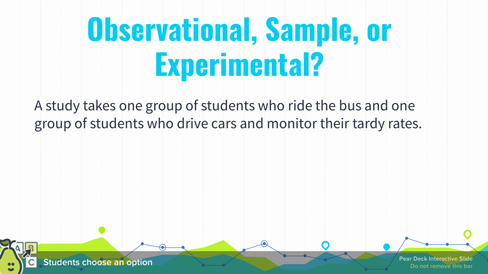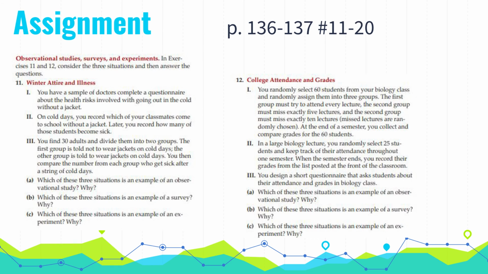A study takes one group of students who ride the bus and one group of students who drive cars and monitors their tardy rates. This is considered experimental because we are running an experiment. We are observing two different groups and looking at their tardy rates.